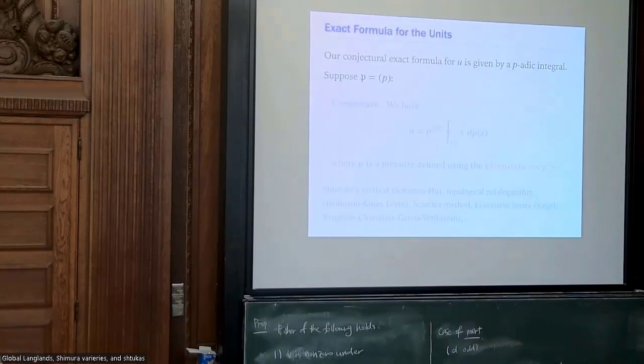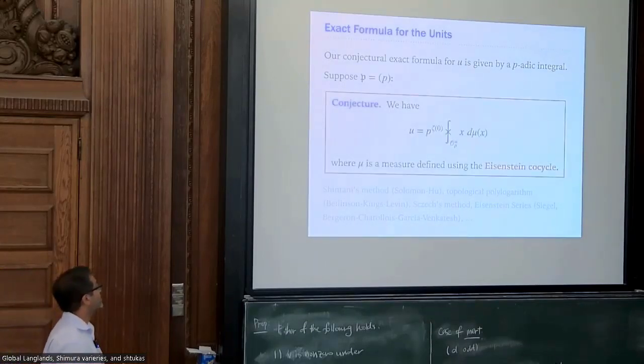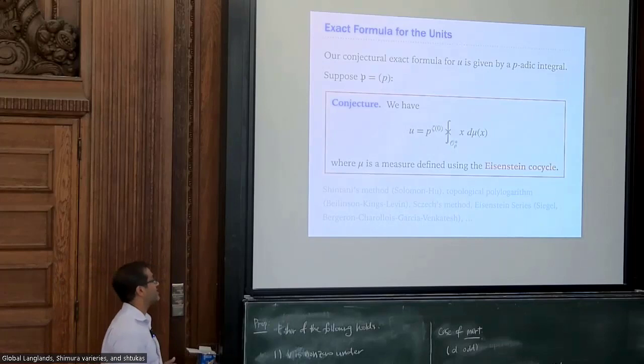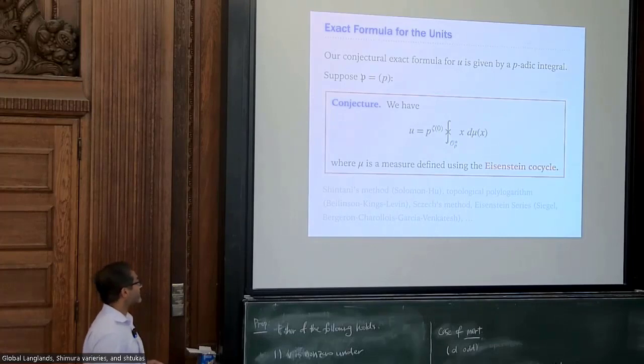And so what does the formula look like? What's the flavor of the formula? It's given by a p-adic integral. So the conjecture is basically that the unit is, up to a power of p, which you know because the Brumer-Stark unit conjecture tells you what the valuations are supposed to be, there's these partial zeta functions, which I just wrote simply as zeta of 0. But what's the interesting part is the p-adic part.